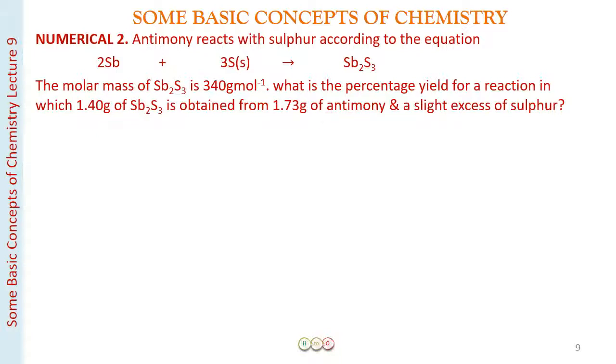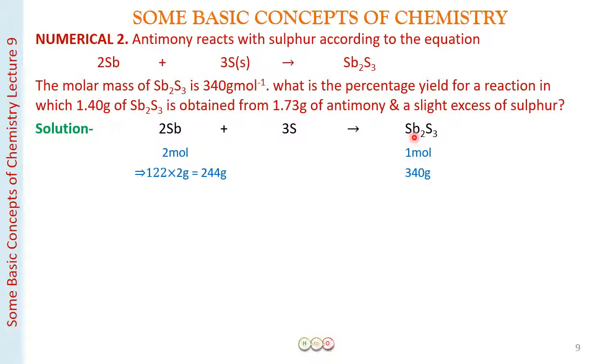So you are going to proceed in a very simple way. It's a very simple question. So we have the reaction with us. According to the reaction, 2 moles of antimony are going to give 1 mole of Sb2S3, right? Now, because the molar mass of Sb2S3 is given to us to be 340 gram, you can find the mass of Sb also, right?